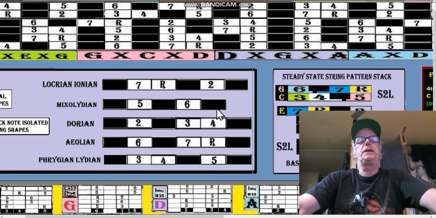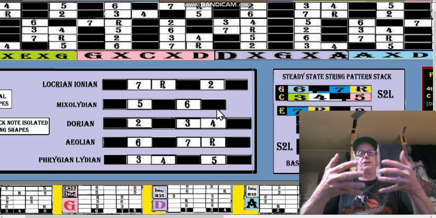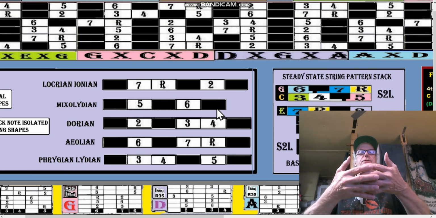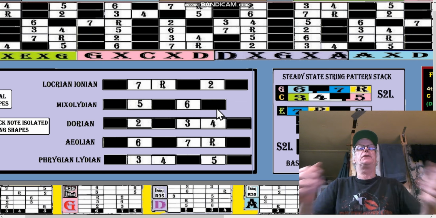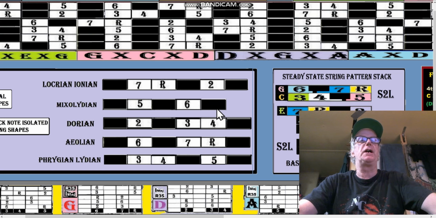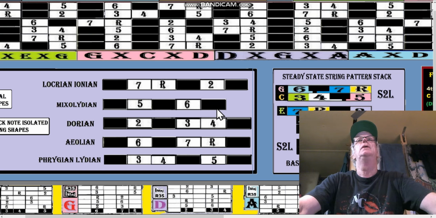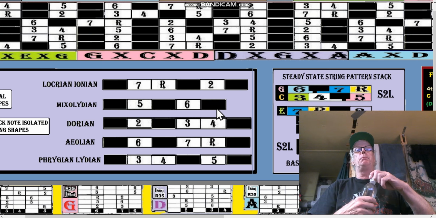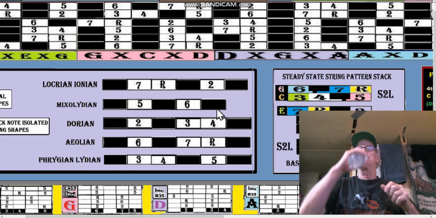So that's a very interesting thing. Remember, caged is the sharing of notes, the pentatonic scale. Now there's something else in the pentatonic scale that's important that we should discuss right now, and that is the modal progressions.